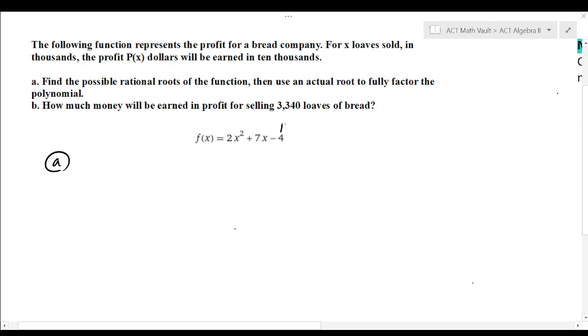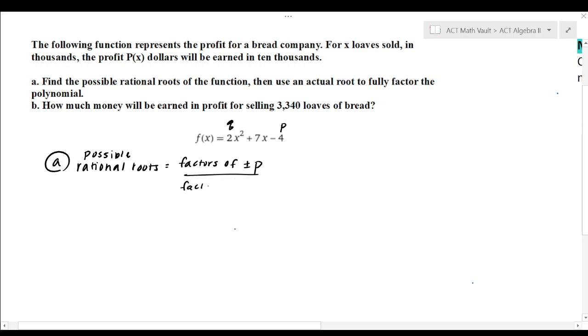So let's call this -4 p, and let's call this 2q. And the rational root theorem says that all of the possible rational roots would be factors of positive or negative p over factors of, gosh, writing straight lines sometimes it's hard.